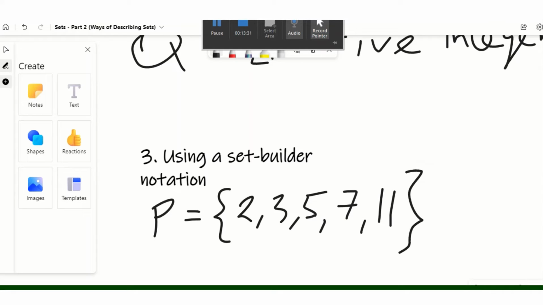So this is the first way of describing a set, like we talked about, by listing the members of the set. Now we want to use a set builder notation to describe the set P.